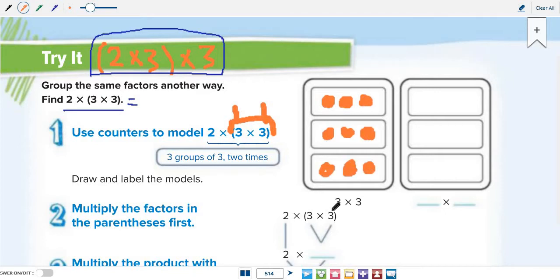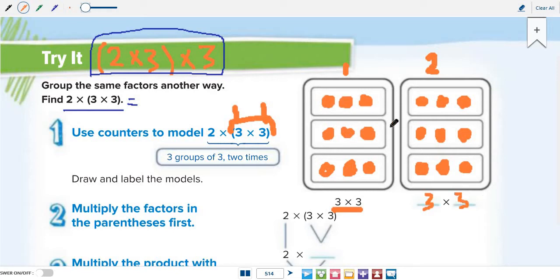This is 3 times 3. Now we need to duplicate this array. We need 2 arrays of this. This is the first one, and this should be the second one. So we have again 3 counters in each group. So again we have a 3 times 3 array.